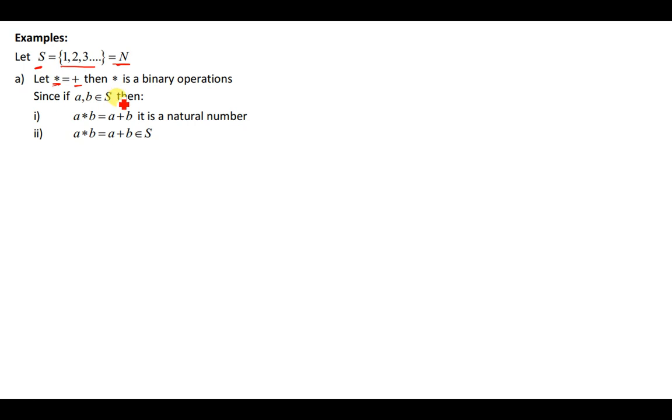Since if A and B are members of S, then A star B, which is equal to A plus B, is a natural number. So if you get any two natural numbers from this set, you add them. If the answer that you get is a natural number, then star is a binary operation on the set of natural numbers. That's what they just mean here.